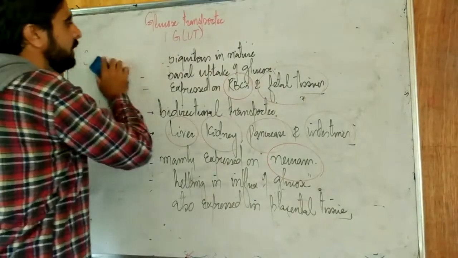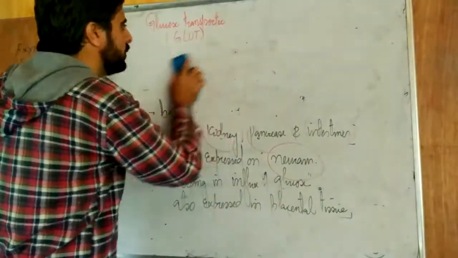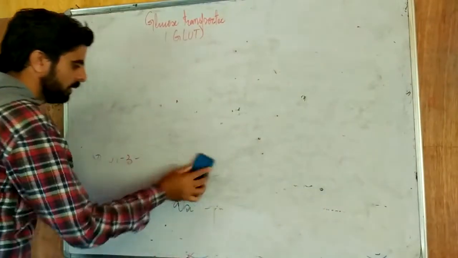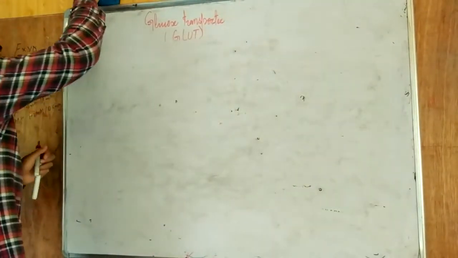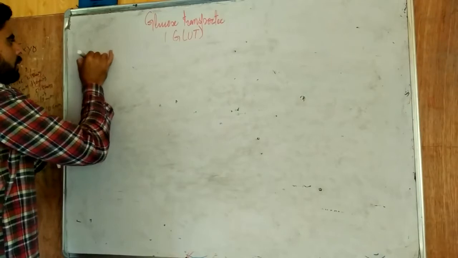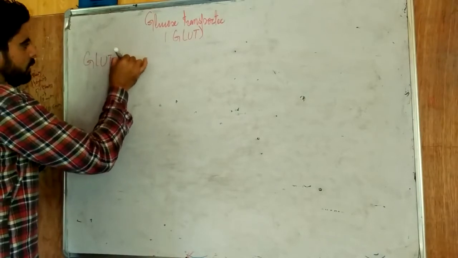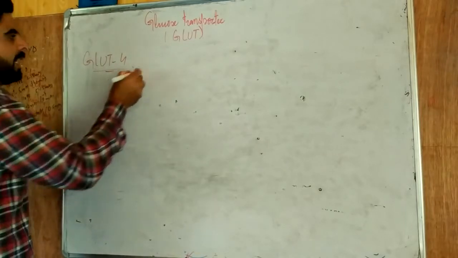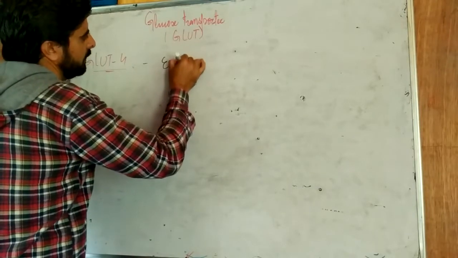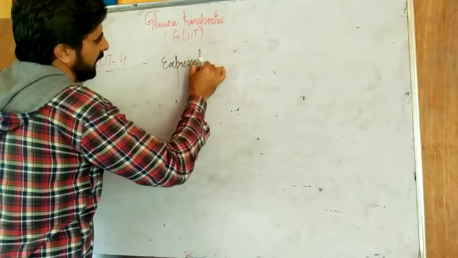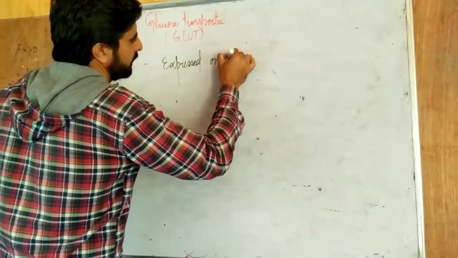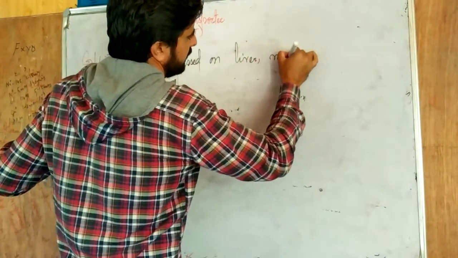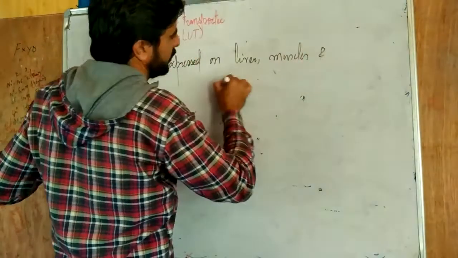Then the next one we have is GLUT 4, which is the most important. This GLUT 4 is mainly expressed on liver, muscles, and adipocytes.